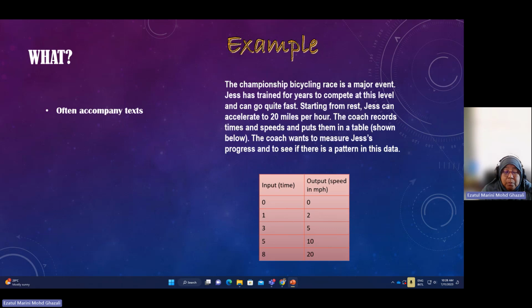The coach wants to see Jazz's progress and to see if there is a pattern in this data. So the table here serves the purpose of recording the data of Jazz's progress throughout the training session.